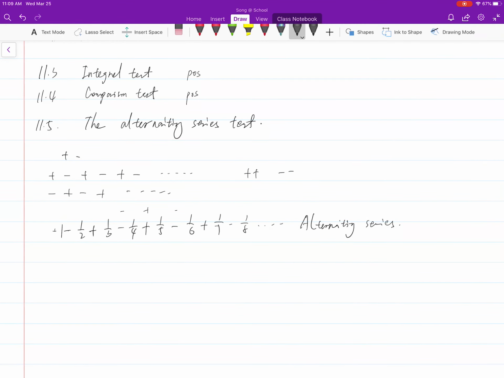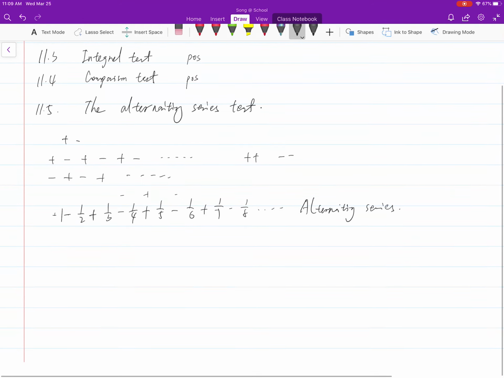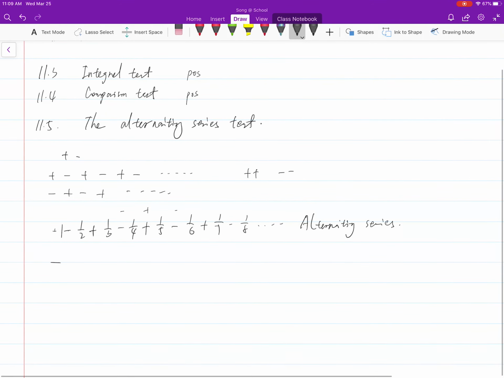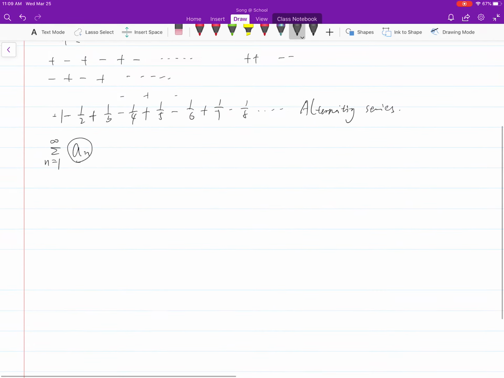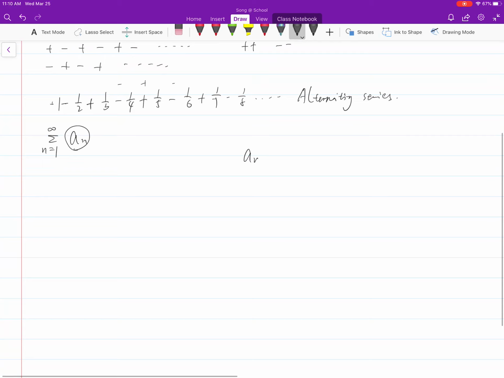Now, how do we write down the formula of something like this? Well, of course, we want to have the sum from n equals 1 to infinity of a_n. We need to give a formula for this a_n, right? For our case, it's fairly easy. It's 1 over n. The only difference is we want to tell people sometimes we should take positive, sometimes we should take negative.